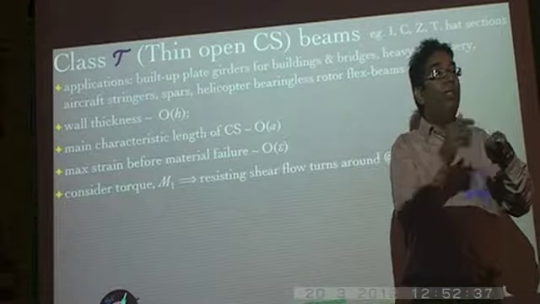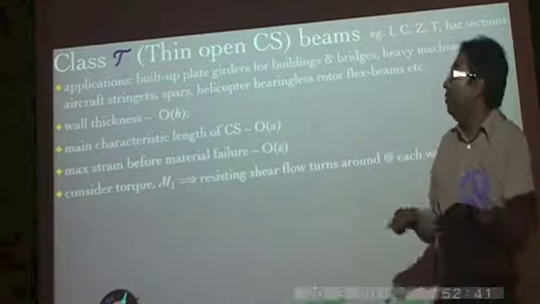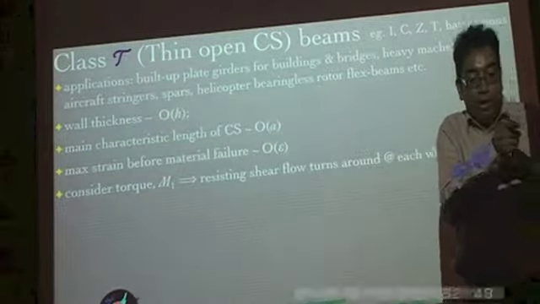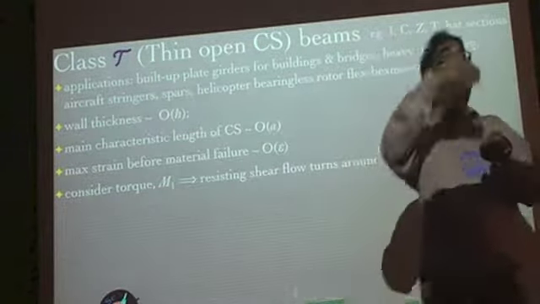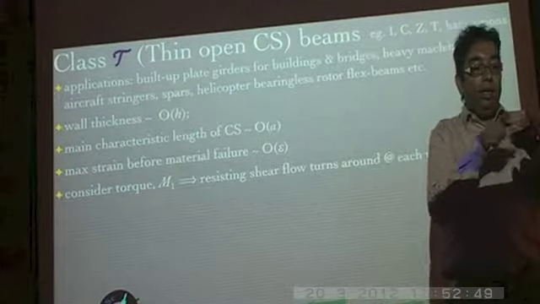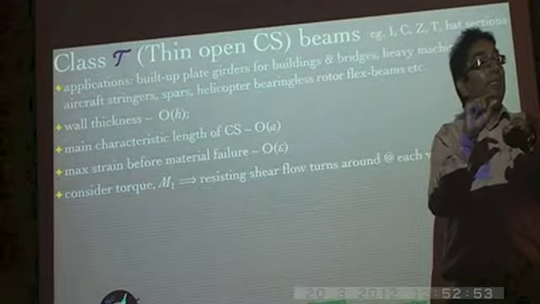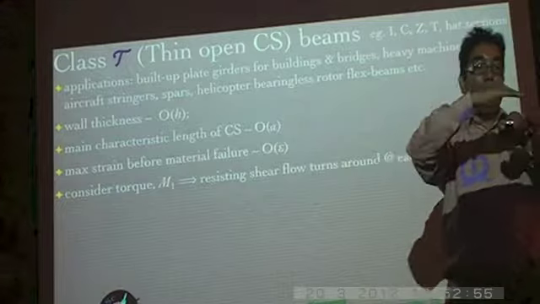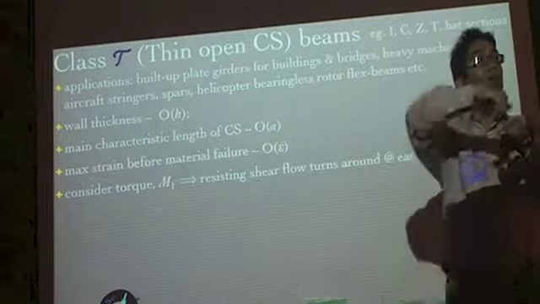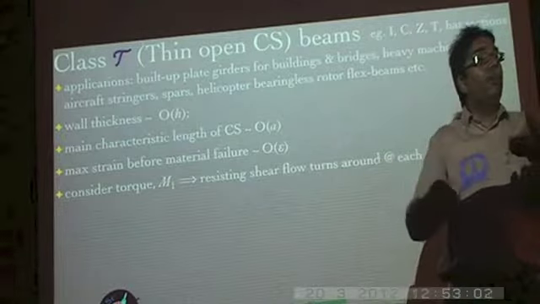So the shear flow is turning around itself. The effect of that has to overall match the torque that I'm applying. It is the magnitude of that shear flow multiplied by the distance between the directions in which it is operating, the moment arm that the shear flow has, that is of consequence there.